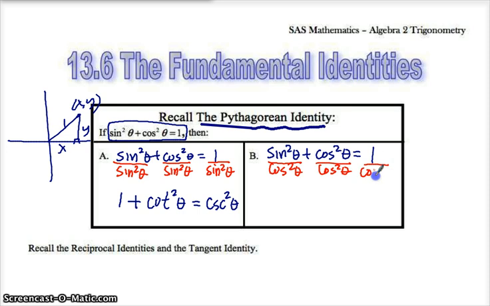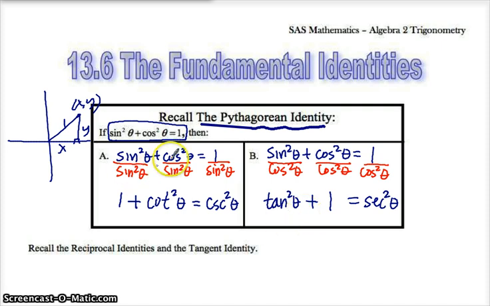So let's see what happens. Now we divide sine squared by cosine squared, that's tangent squared theta. Cosine squared divided by cosine squared is 1, and then 1 over cosine squared is secant squared.